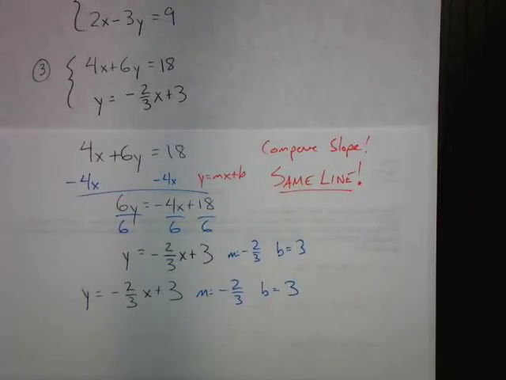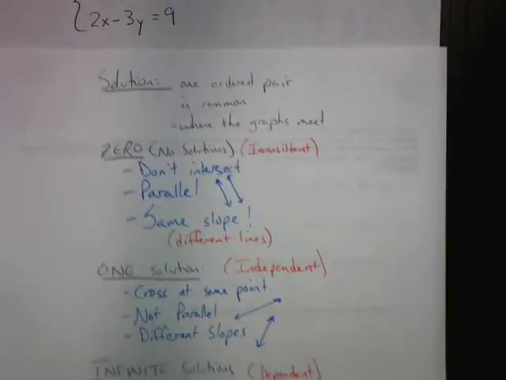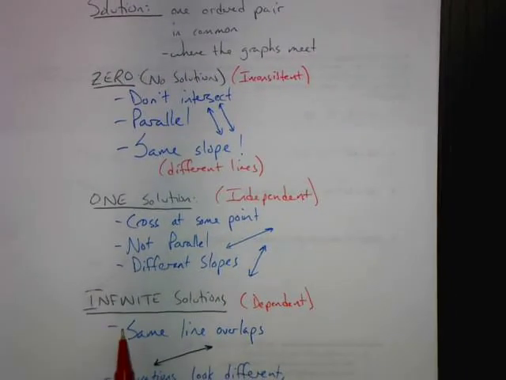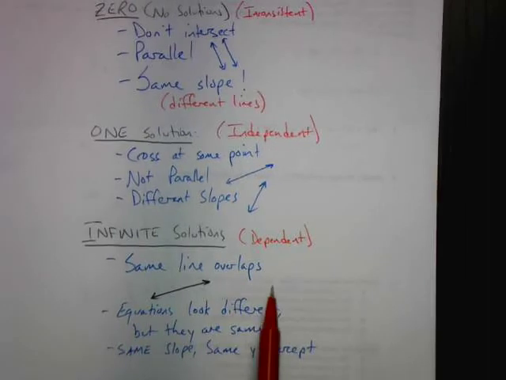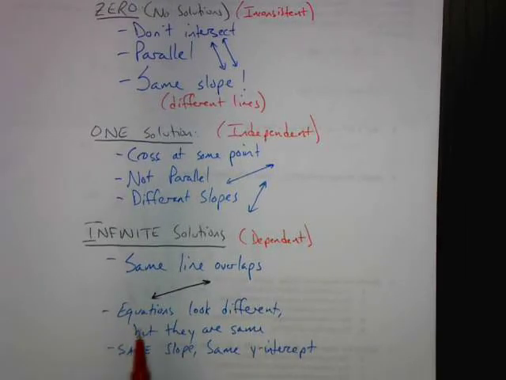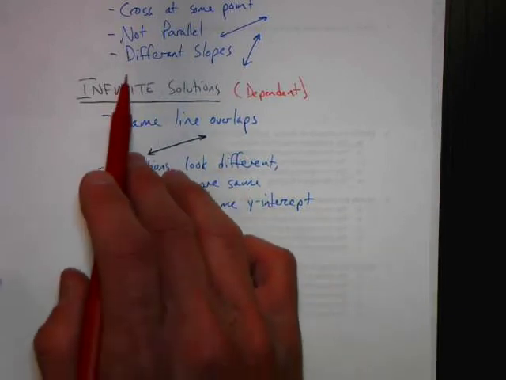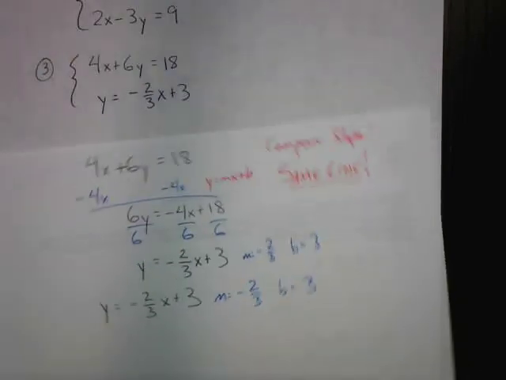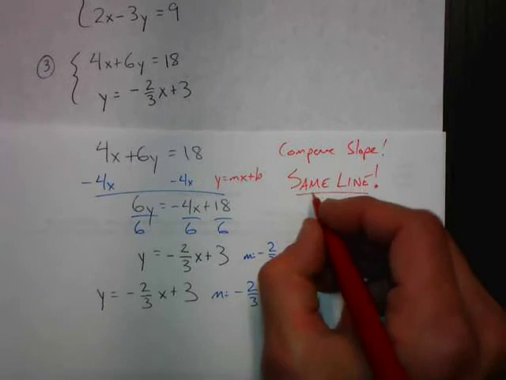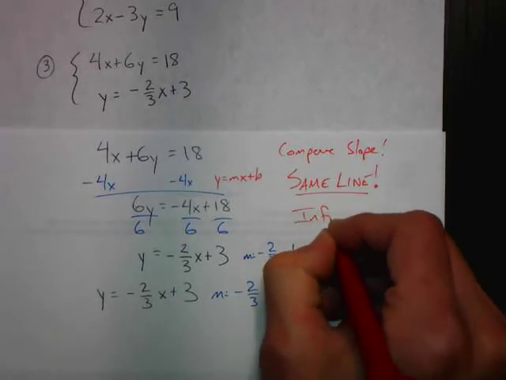Now going back to the notes, what does that mean for the system? They're the same line that overlaps. The equations look different, but they're actually the same. Same slope, same y-intercept. This has infinite solutions. It's called a dependent system.